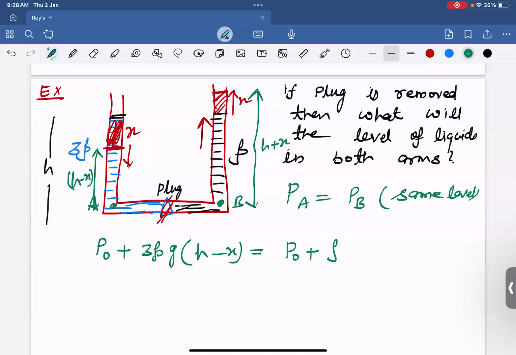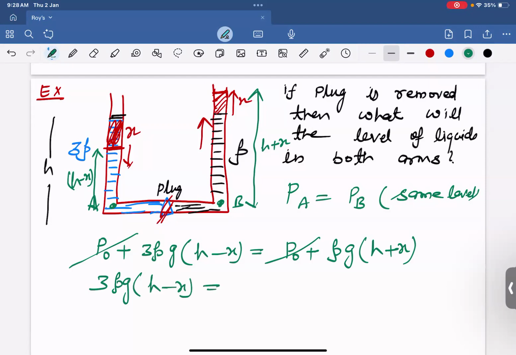This side density is rho g, and the height has become H increased by X, so H plus X. P naught cancels. So I am getting 3 rho g (H minus X) equals rho g (H plus X).